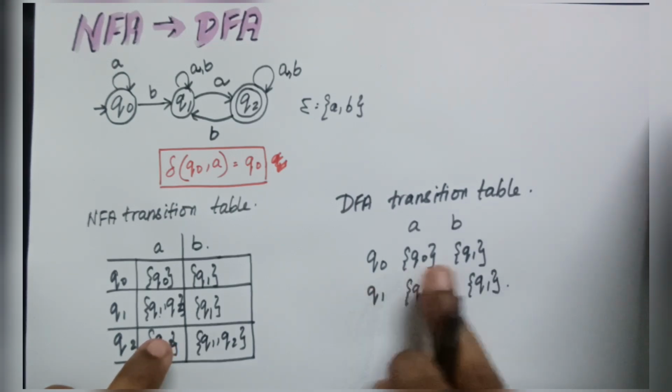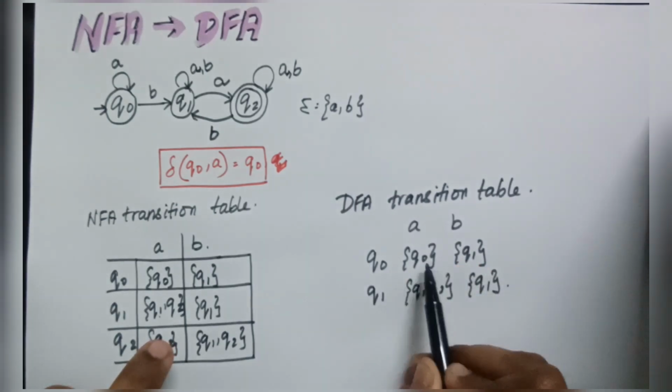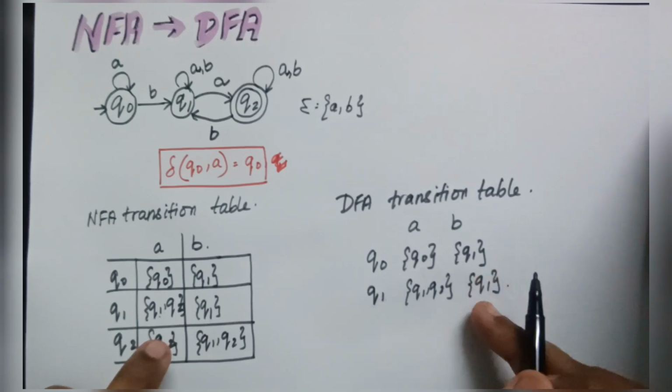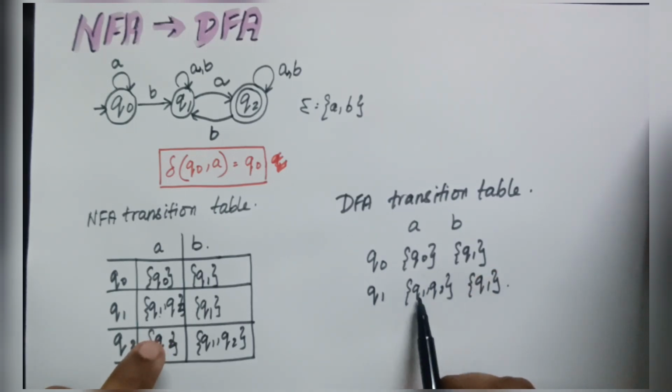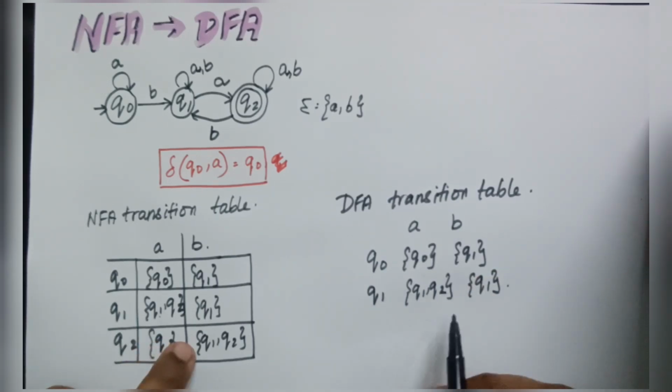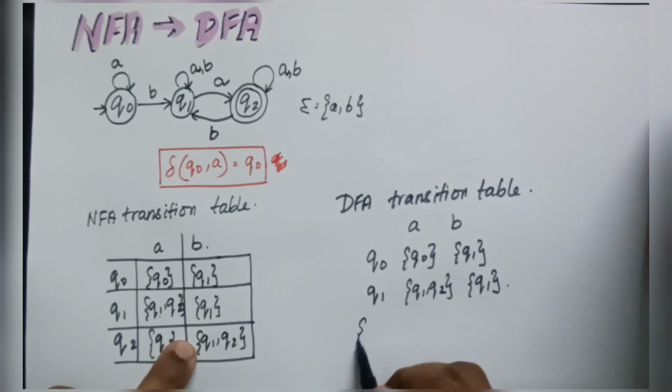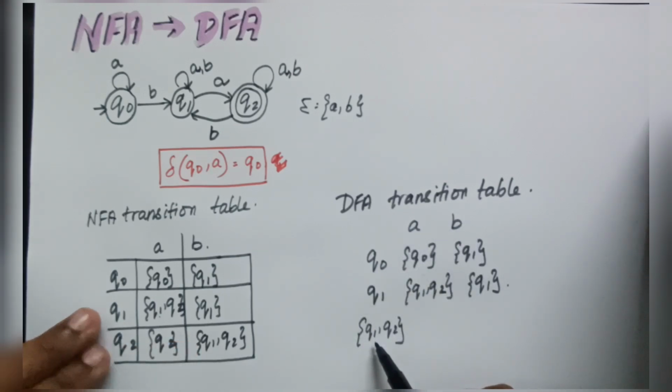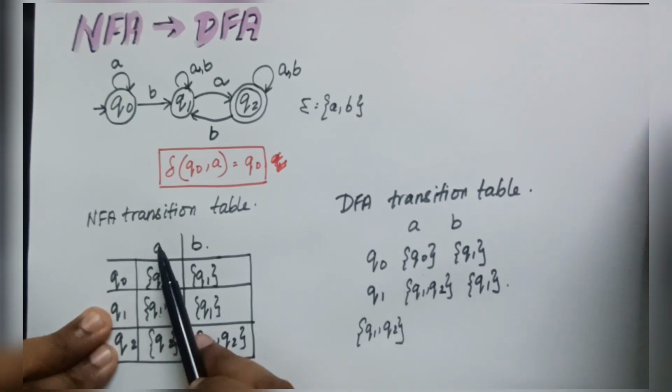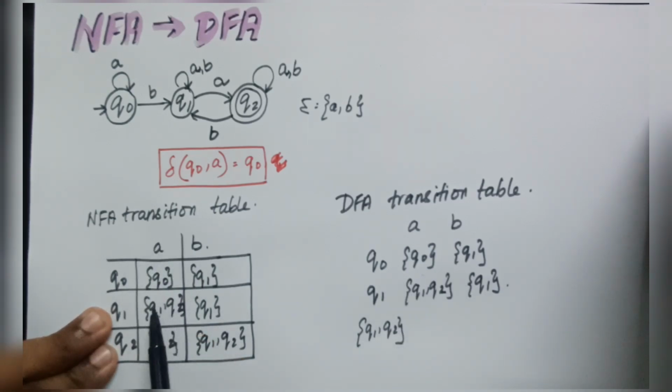Okay. Now what is my new state? I have Q0, Q0 is there. I have Q1, Q1 is there. Then I have another new state Q1, Q2. So I'll take this as the next new state of DFA. Q1, Q2. Now how can I find the A and B transition of Q1, Q2, this new state? I combine Q1, Q2, okay, and find the transition of A. So this union this.